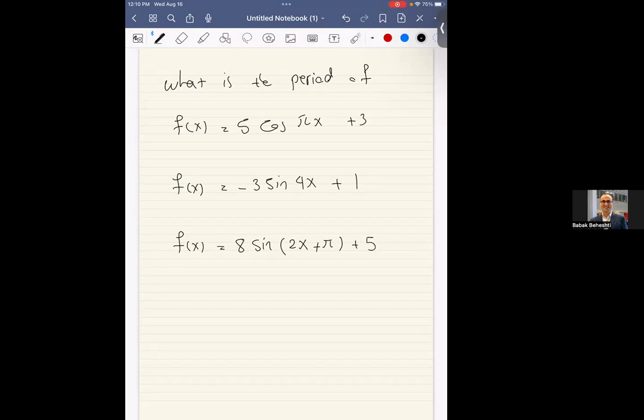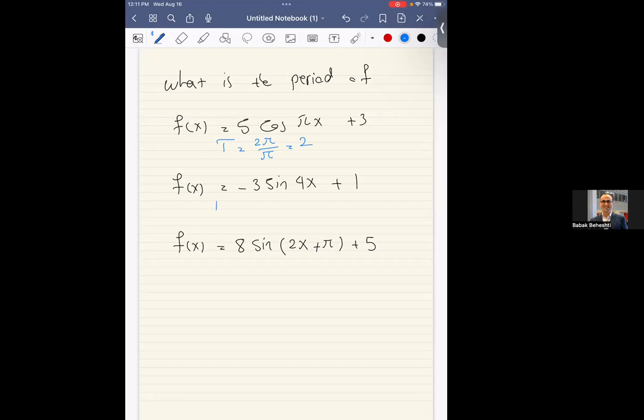What is the period of each of these? I just made it up. What is the period of each of these functions? What is the period of the first one? 2. For the first one, T equals 2 pi over pi, which is 2.